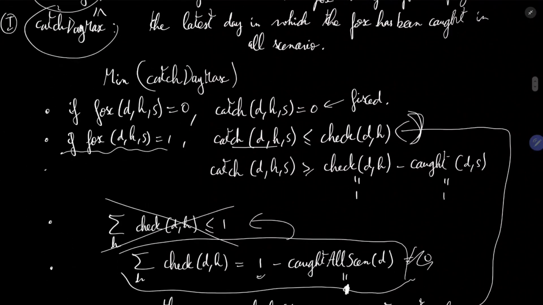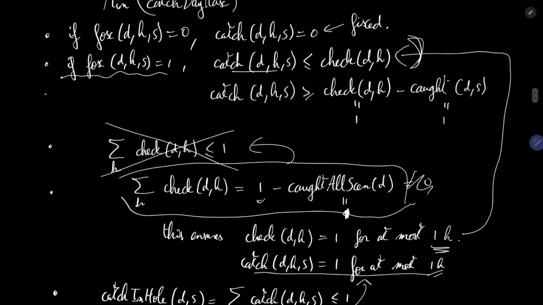So one variable that we see here in that equation, quote all scenario D, is defined with an equality. And because in that equation, this sum is guaranteed to be between 0 and 1, that implies that this has to be between 0 and 1.